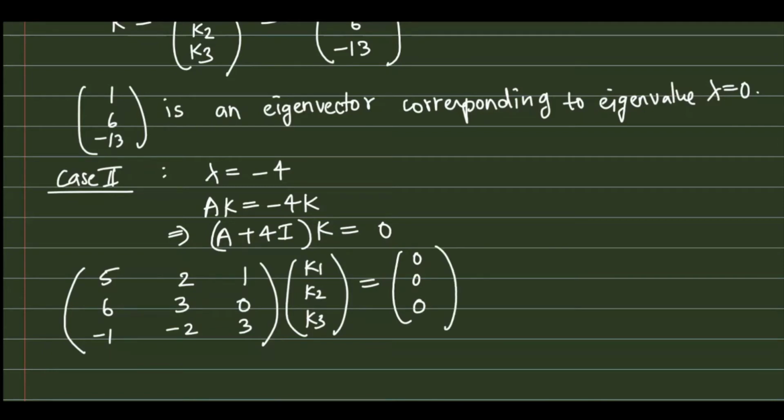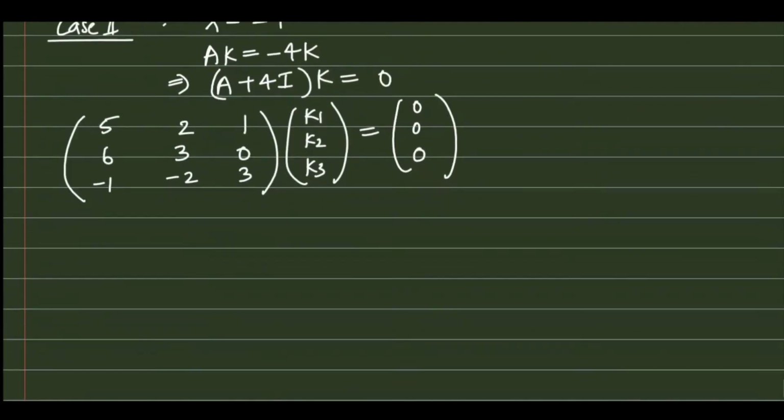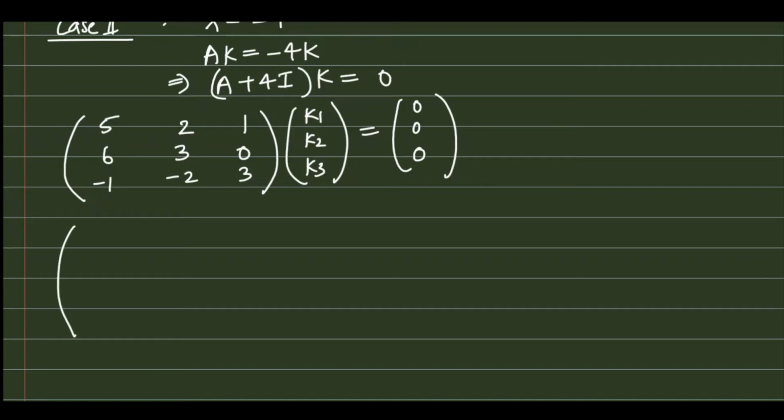Now again we will write the augmented matrix as we did in the last case, and we will use the Gauss-Jordan method. So the augmented matrix here will be [5, 2, 1, 0; 6, 3, 0, 0; minus 1, minus 2, 3, 0].